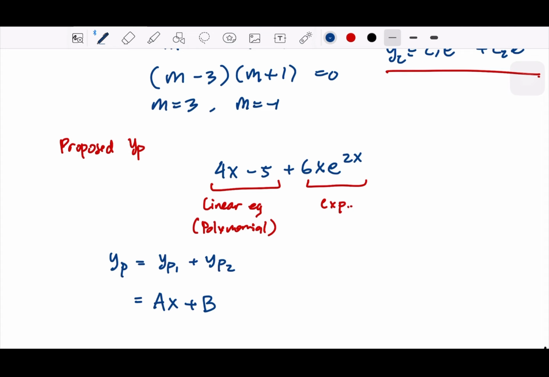And in yp2, as we mentioned before, that is x e to the power of 2x, this will require 2 structures, right? So we will have plus cx e to 2x plus d. Well, sometimes to avoid d becoming the differential, because we have d as an operator, let's skip d and write e instead. Okay.